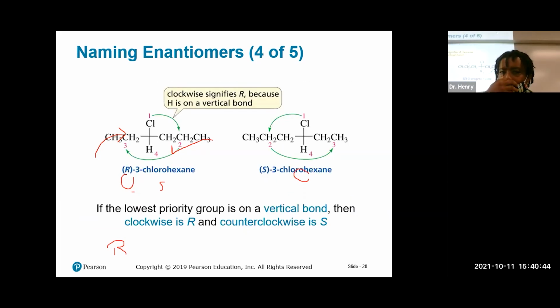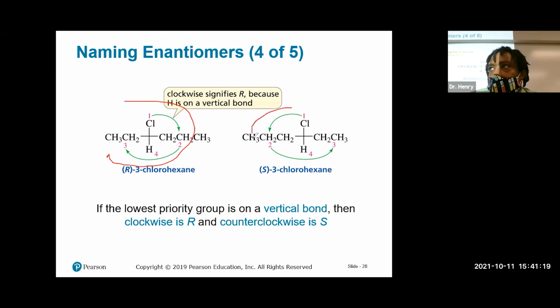Okay. So if we do it with the, I'm sorry, with the Fischer, right? So that's 1, that's 2, that's 3, that's 4. So this guy is clockwise.